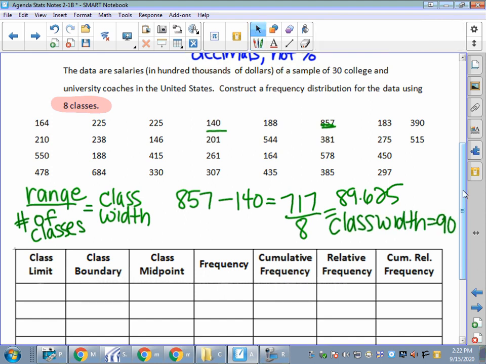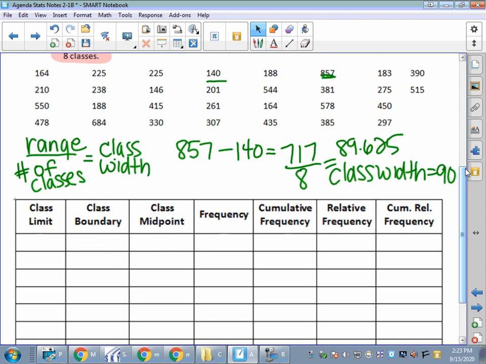So remember, from our lower class limit to the next lower class limit, it's going to be 90. So then I take my lowest value. My 140 is always going to be my starting point. I add 90 to it. That's my next lowest class limit. So 230.